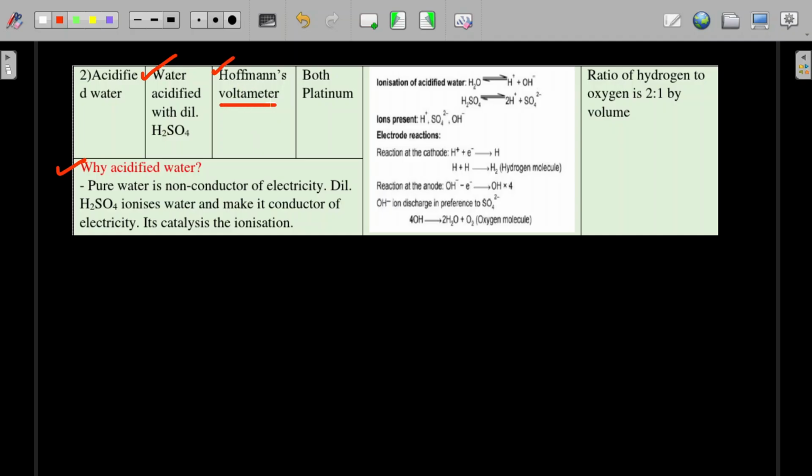Voltameter is nothing but an electrolytic cell, but if you write voltmeter, that is different. A voltmeter is used to measure the voltage, the potential difference, but this one is for electrolysis. And the electrodes, again here we are using inert platinum electrodes.